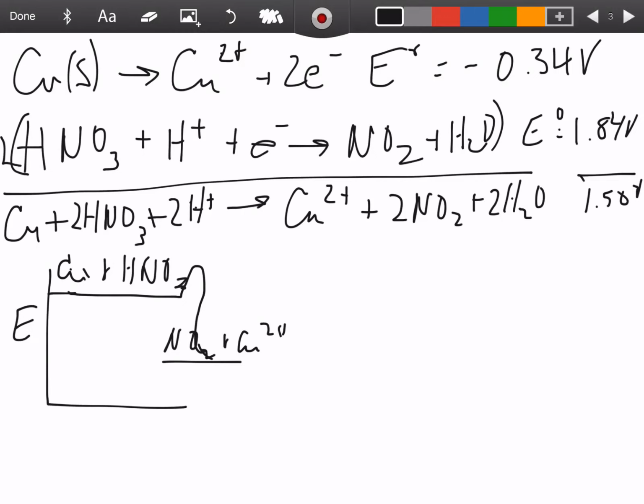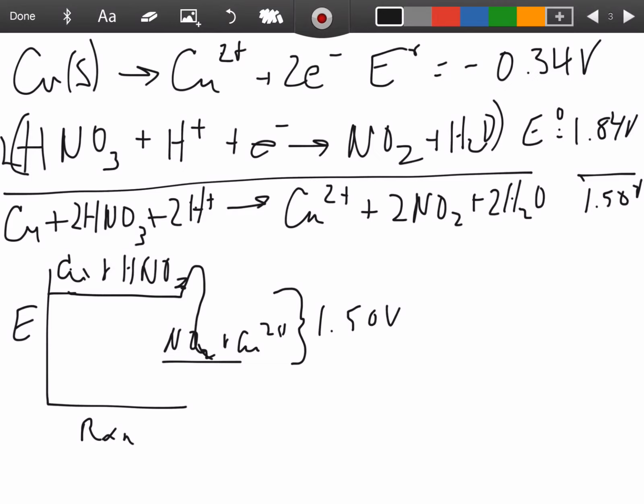But the difference in energy between these two things is 1.50 volts, right? I'm not going to double that because I have twice the amount of stuff there, right? So that's energy versus reaction progress or time or whatever you want to call that.